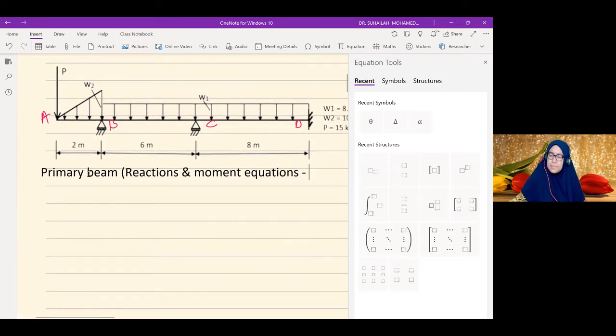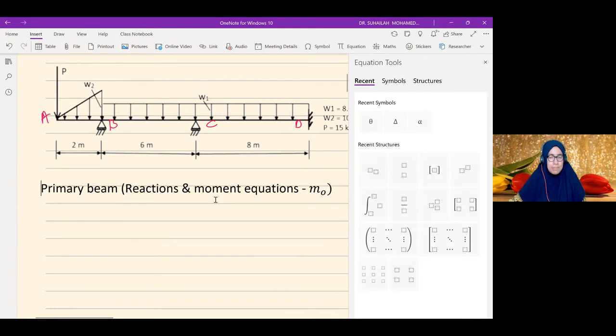Moment equation is M naught. Naught is always the label for the primary structure. So this is for the first system, primary beam.